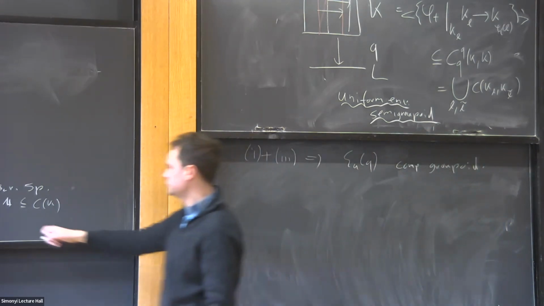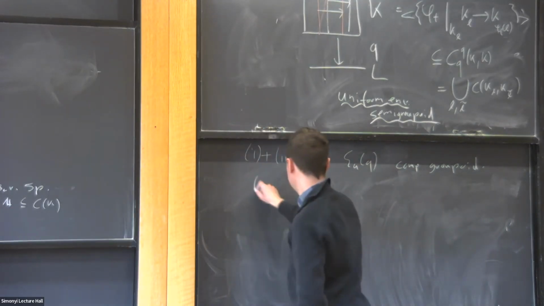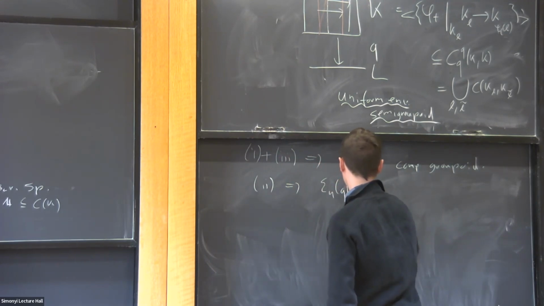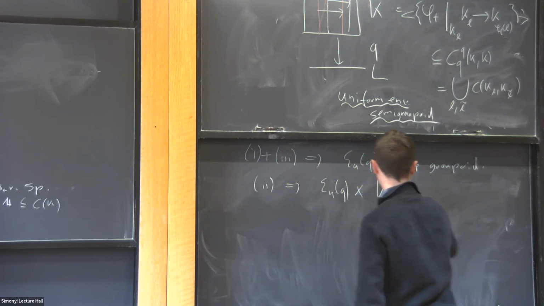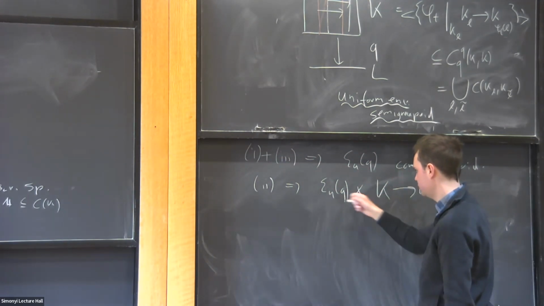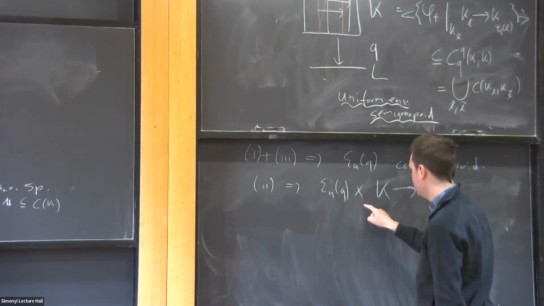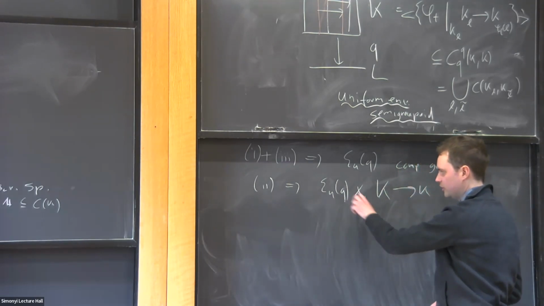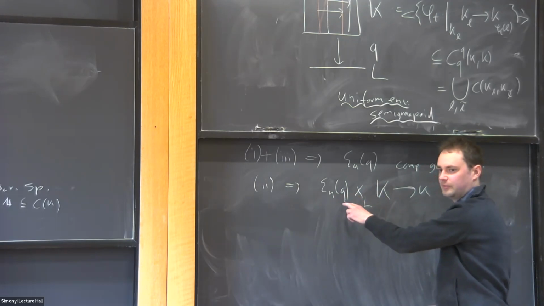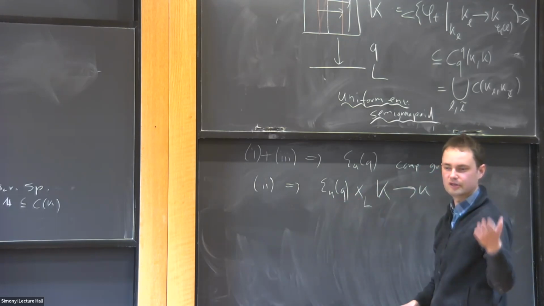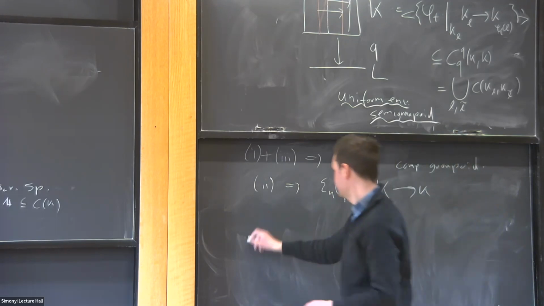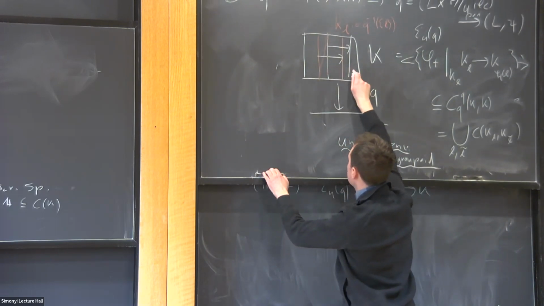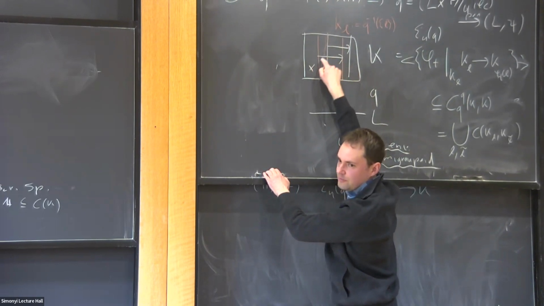And by using again this irreducibility condition, one can check that the canonical action of the groupoid on K, again given by just putting a point into a map, is transitive. But now I have to be a bit more careful, so I take a fiber product, because I can only put points into maps which are defined on the right fiber. My elements in the enveloping object are now maps from fibers to fibers, so I cannot take a point here and evaluate a map which is defined here.